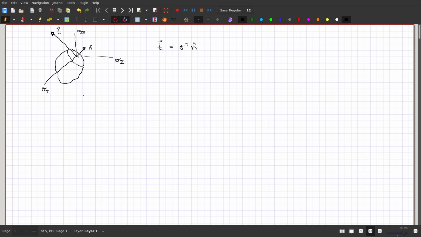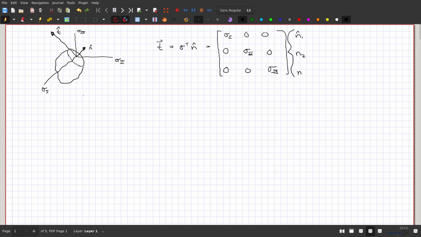And in this coordinate system, the state of stress is sigma 1, sigma 2, sigma 3, and 1, 2, and 3.